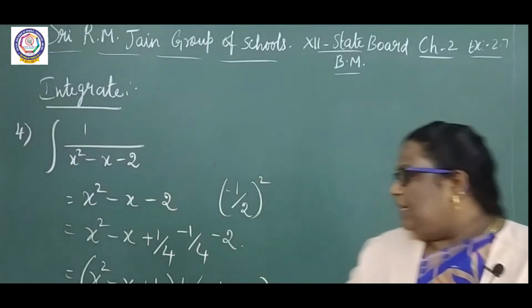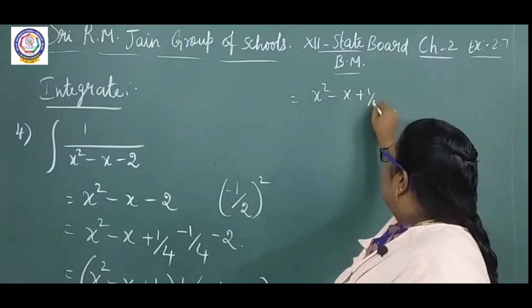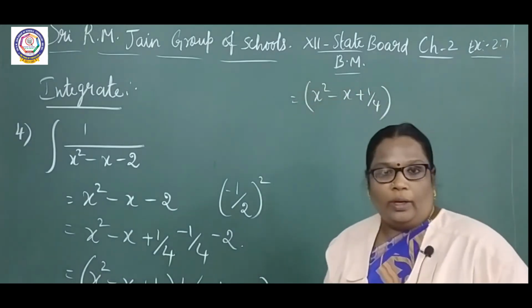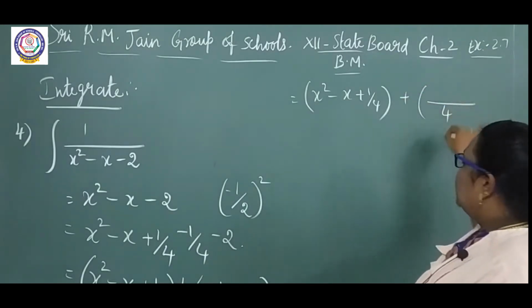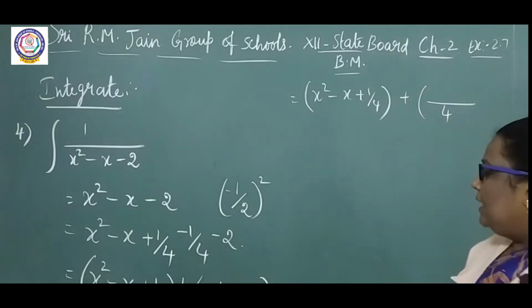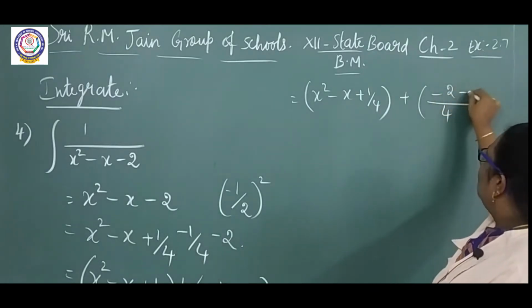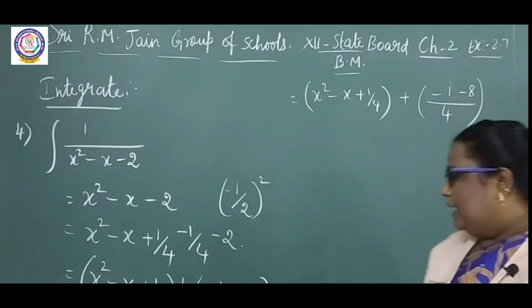So it gives, see here, x square minus x plus 1 by 4, plus minus 1 by 4 minus 2; 4 is the LCM, so minus 1 minus 8.